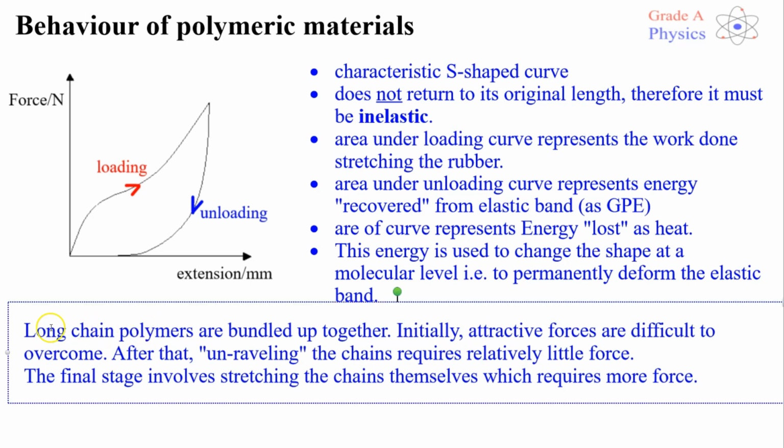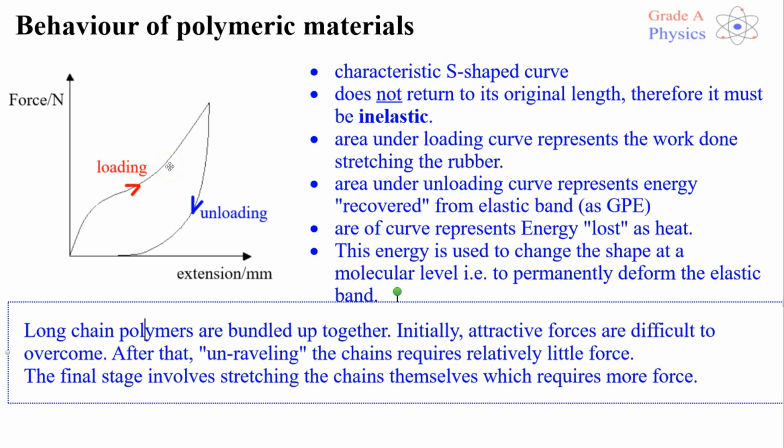Okay, so why do we have this polymeric S-shaped curve? Long chain polymers are bundled up together initially. All these long chain molecules are wrapped up, and there's a lot of attractive forces between those molecules because they're all bundled up. So to get it moving is quite difficult. So we have this steep section here. After that, the unravelling section of the change is relatively straightforward. So this middle section has a lower gradient because that bit is relatively easy.